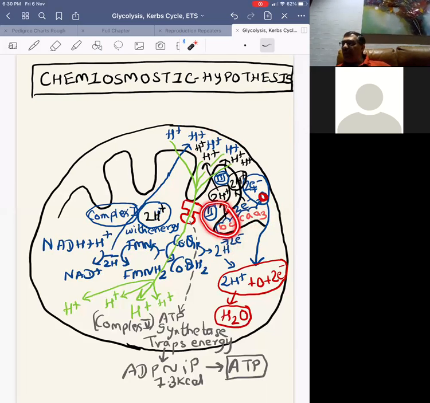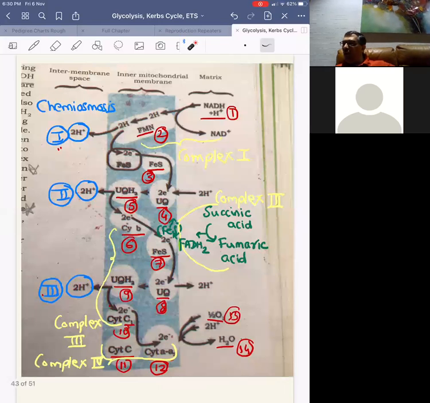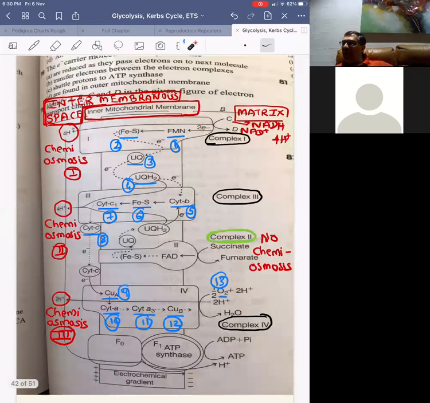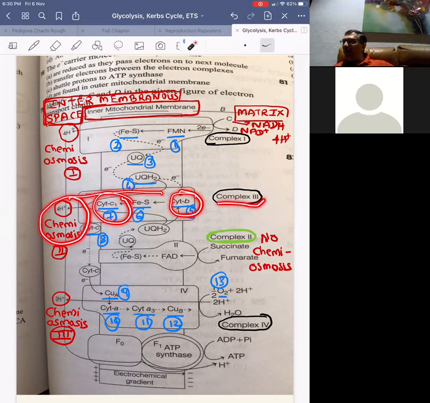So from BC1 also a proton was pushed out. So if we go back to the diagram, from BC1 the proton was pushed out again. That is called complex 3.